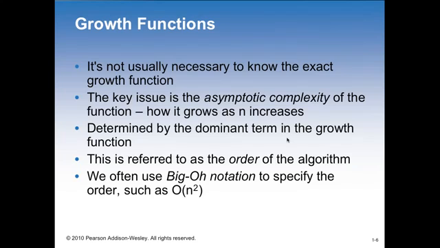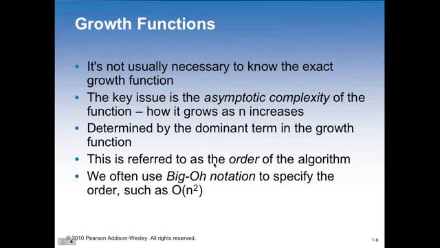It's irritating me already. Okay, so how it grows as the number increases, how the complexity and how the particular growth trends transform. So determining the dominant term in the growth function is the factor that we're interested in looking at. If we can control that, then we can essentially control how efficient or inefficient the algorithm might be.